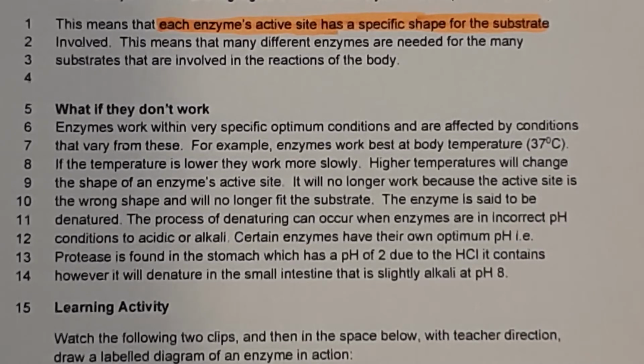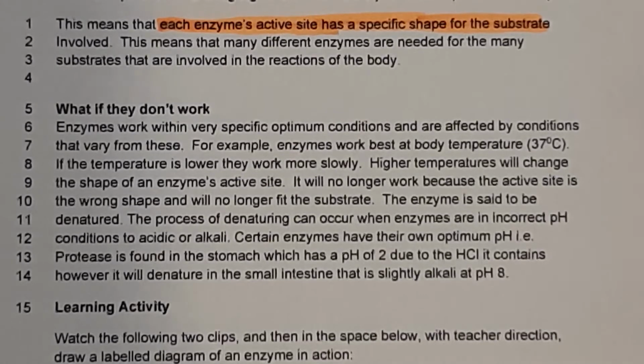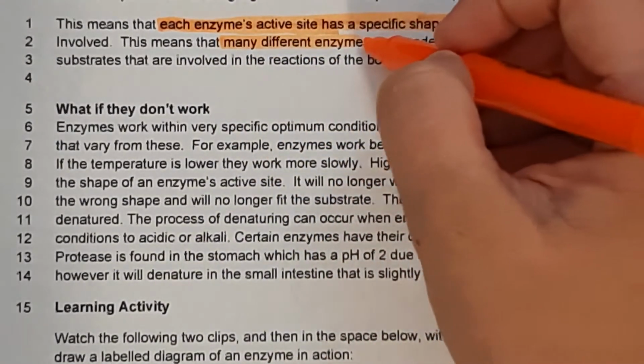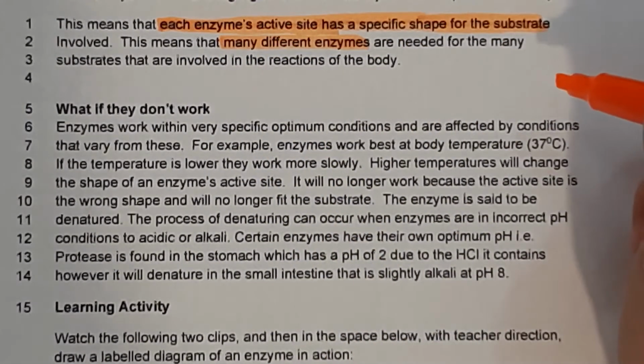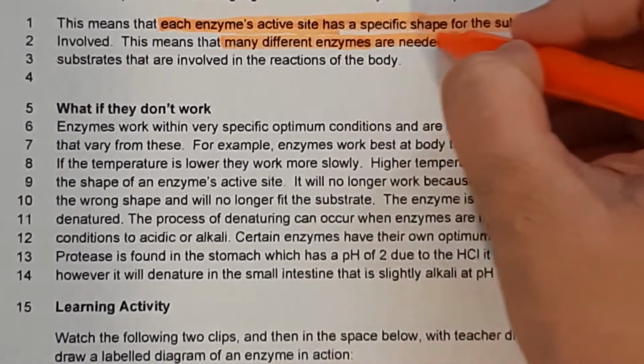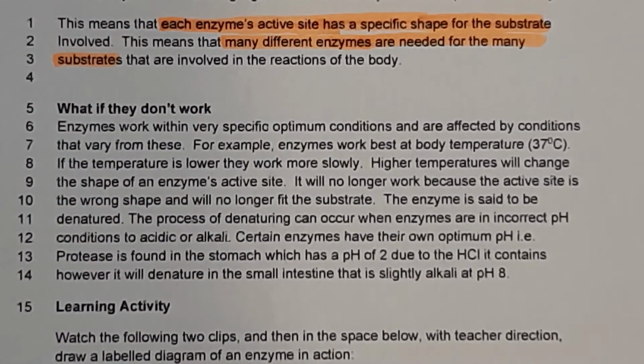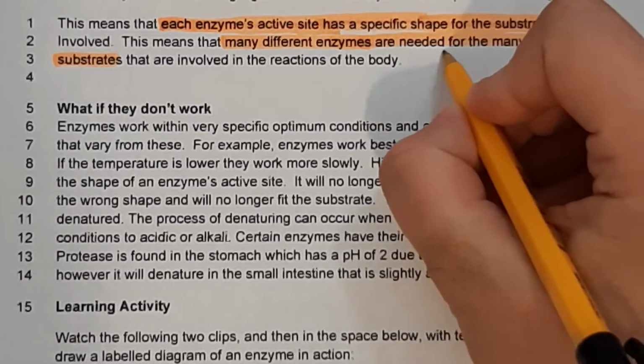Okay, because each enzyme only comes in one shape. And that means we need many, many different enzymes, a lot of different enzymes, because there's so many different substrates in the body. So many different enzymes are needed for the many substrates that are involved in the reactions of the body. So we, of course, then have a lot of enzymes in our body.